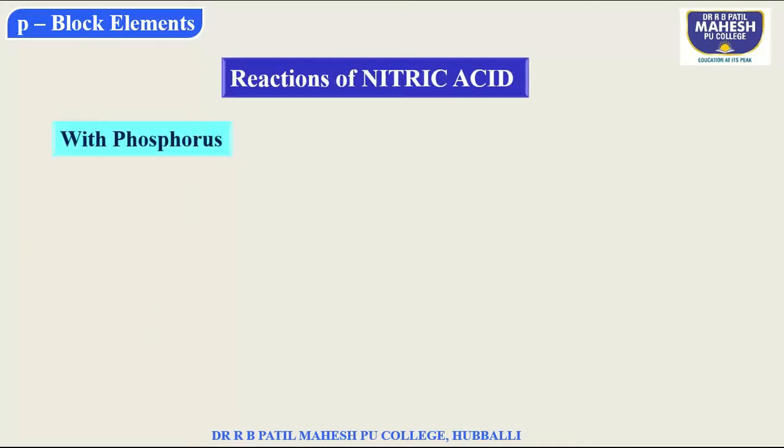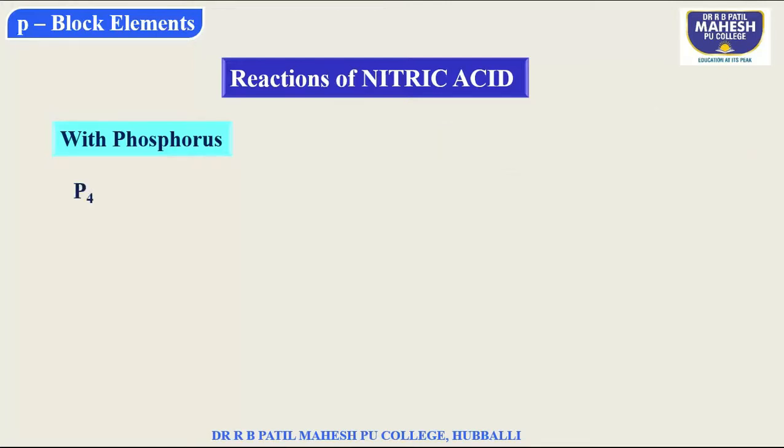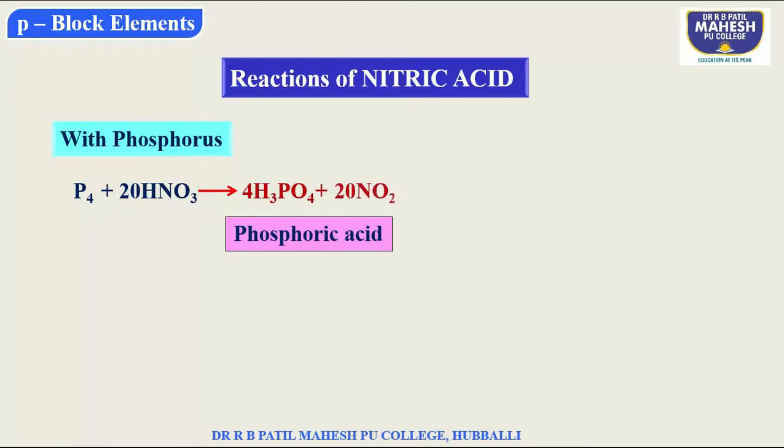Reaction of nitric acid with phosphorus. When acid reacts with a non-metal, we are going to get an acid as the product. Phosphorus reacts with concentrated nitric acid to form orthophosphoric acid as the product along with nitrogen dioxide and water. With iodine.